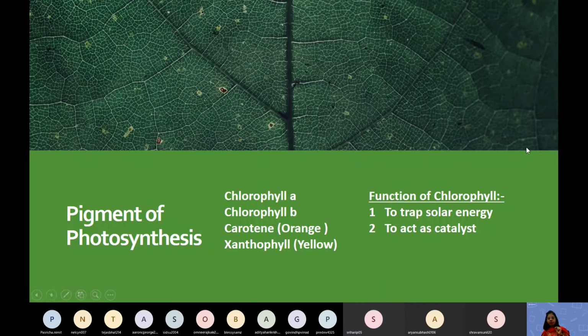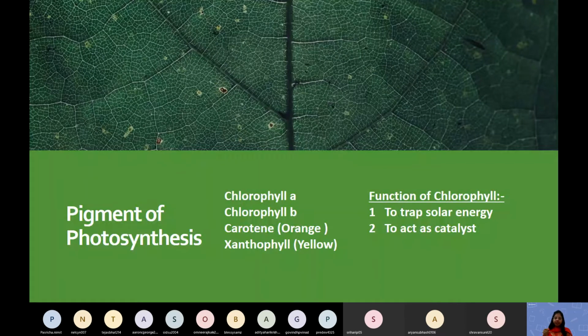Now, pigments of photosynthesis. In plants, certain pigments, meaning colors, are responsible. Plants are green in color because they have a pigment called chlorophyll. Chlorophyll A and B are the predominant pigments found in plants. Some plant parts are red, orange, purple, or yellow. Why are they like that?